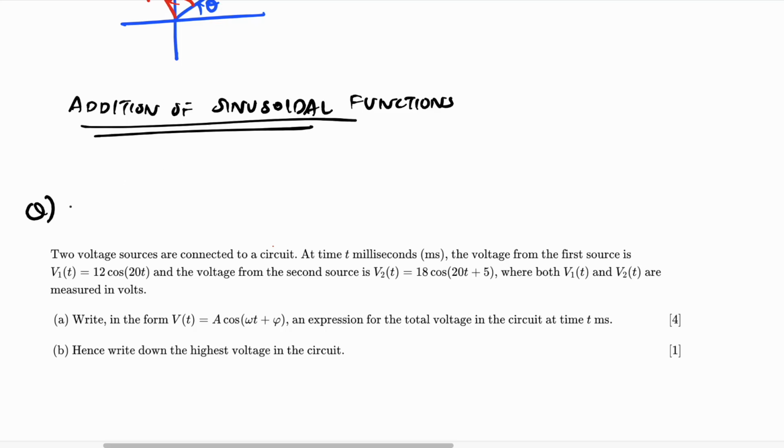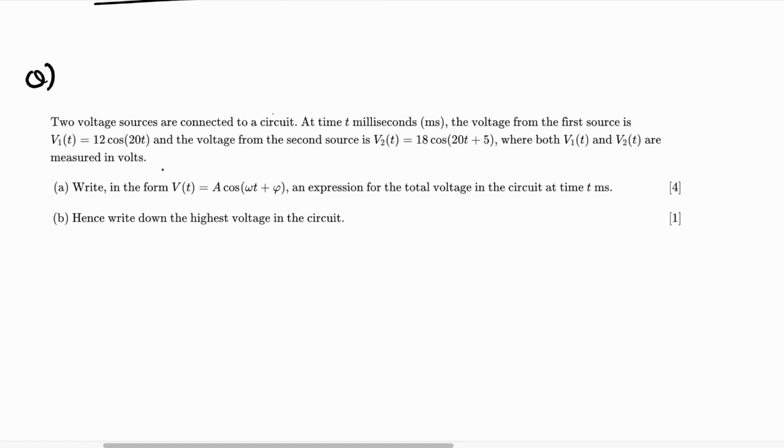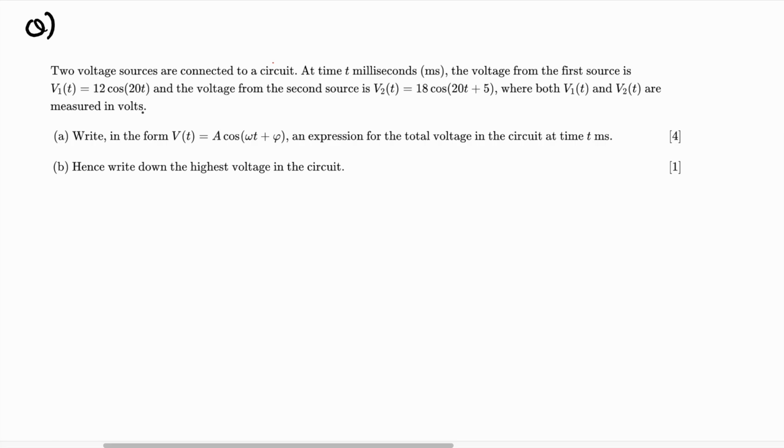So I'll make you understand why with this question, which has two voltages, basically AC voltages, of the form V1(t) is equal to 12 cos 20t and V2(t) is equal to 18 cos(20t plus 5). One thing to observe is that both the voltages have the same frequency or the same time period. So to add these two voltages, I can use the concept of complex numbers.